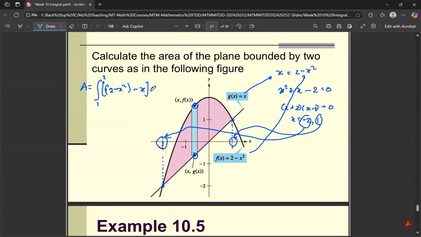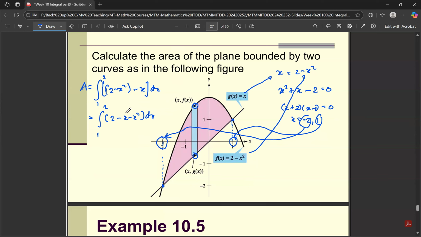So this is the area, and we simplify it: 2 minus x squared.